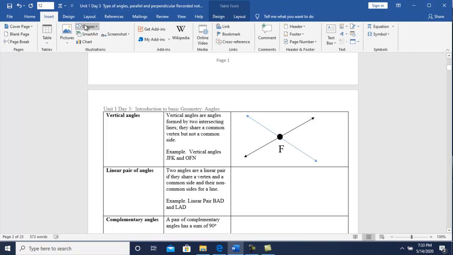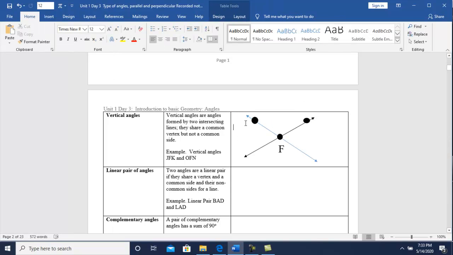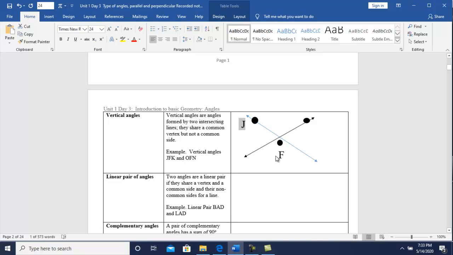So there's one, and then here's two. Our first one is going to be J. We'll make that bigger and put that up there a little bit. There you go. And then F is the middle, and then you've got K over here.